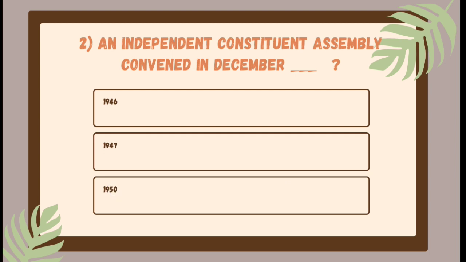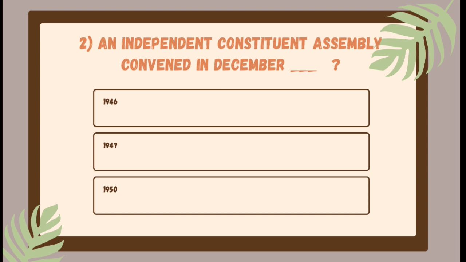Question number 2. An independent constituent assembly convened in December in which year? Otherwise, you can say, in which year was the constituent assembly established? The options are: Option A 1946, option B 1947, and option C 1950.